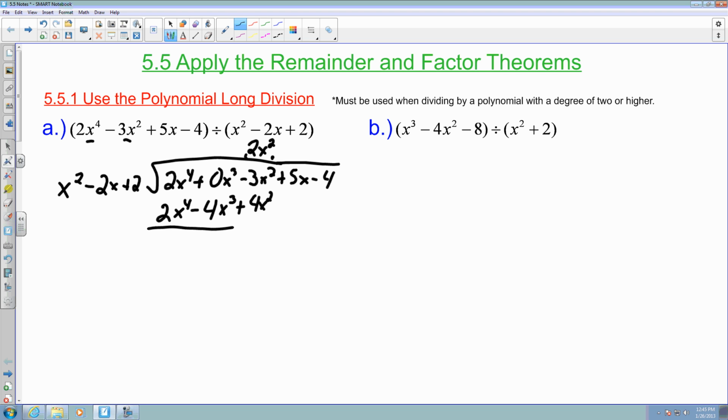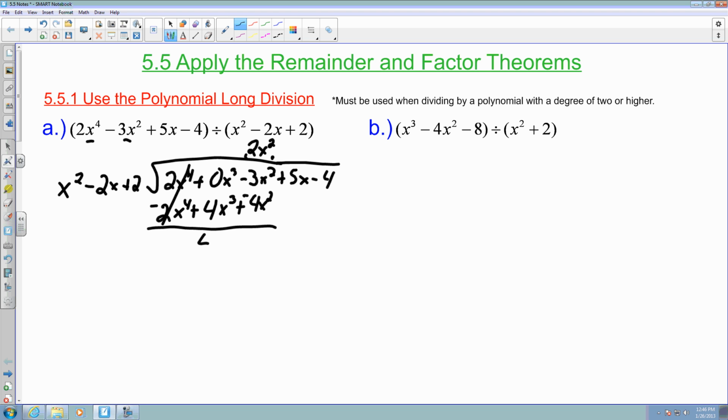Okay, now just like what we did in long division, whether with numerical values or with polynomials, we're going to subtract these. So I'm going to change the sign in all of my values here in the subtraction: a minus here, this is going to be a plus, and this will be a minus. So this cancels out.